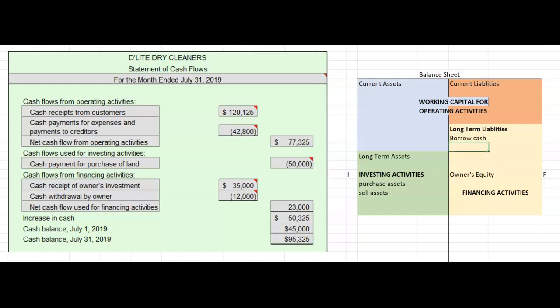Borrow cash, or we can pay cash back. Okay, so we can borrow cash or pay cash back. And for owner's equity, what we do down here is we pay dividends. Or we could sell stock. That's the other thing we do.